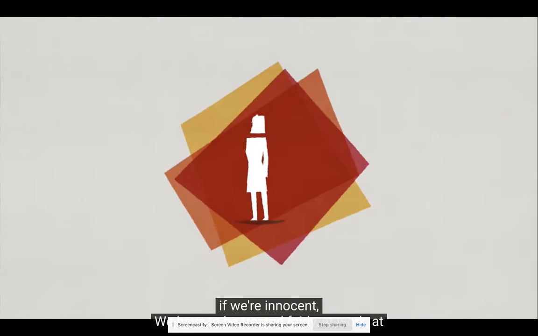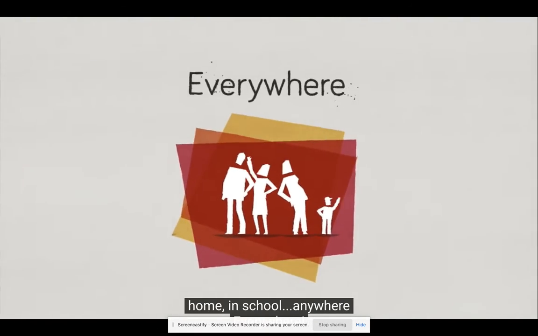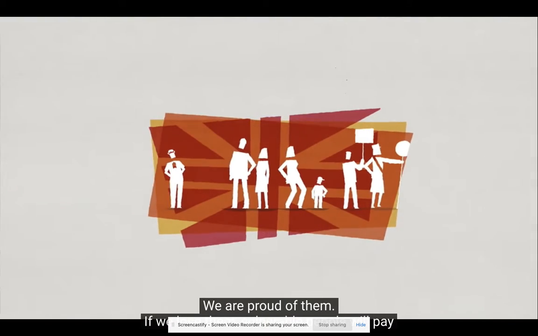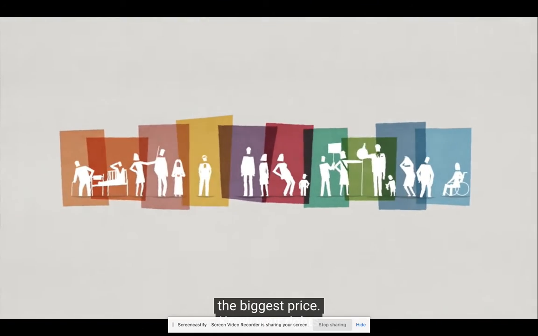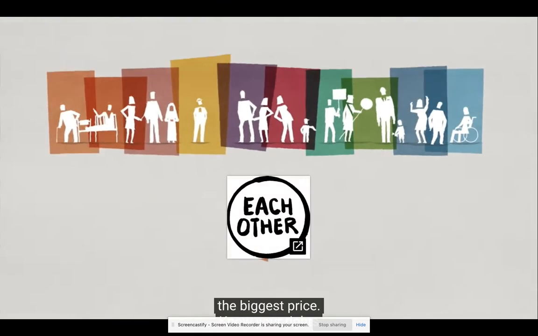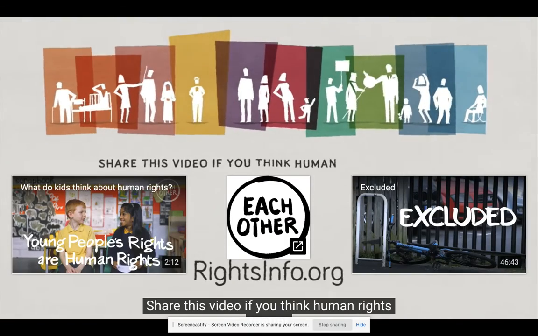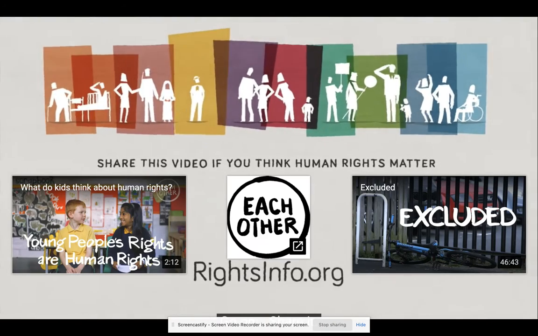We have to be treated fairly, at work, at home, in school, anywhere, everywhere. Our human rights are hard-won. They're part of our British heritage. We are proud of them. If we lose them, vulnerable people will pay the biggest price. Know your rights. Celebrate them. Protect them. Share this video if you think human rights matter. Go on. Share it.